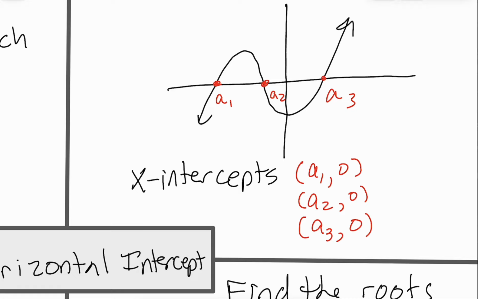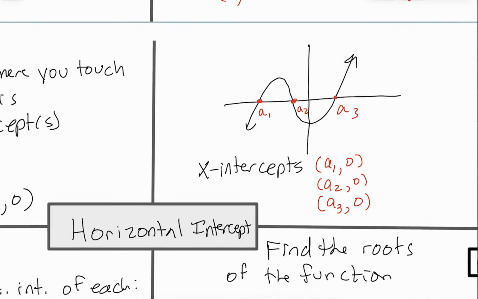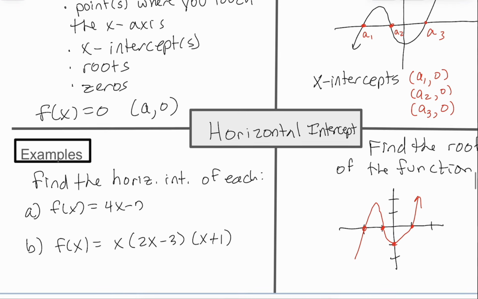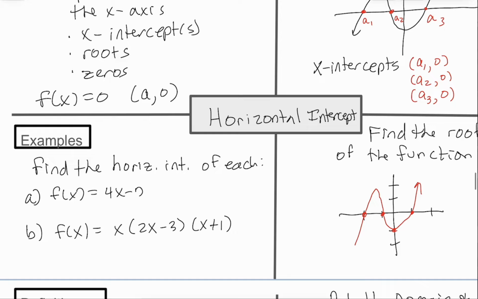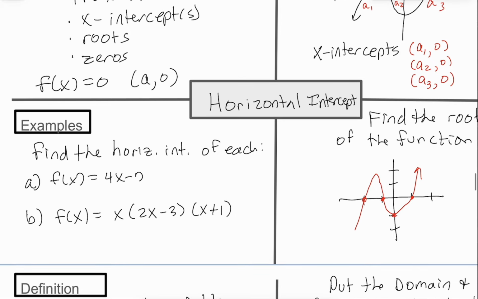If you put a graph into Desmos, you can tap on those points. They will give you what those points are. Their exact point they'll tell you. If not, they'll round to maybe 4 or 5 decimal places, I believe. Okay. So let's actually find the horizontal intercepts algebraically, instead of from a graph.